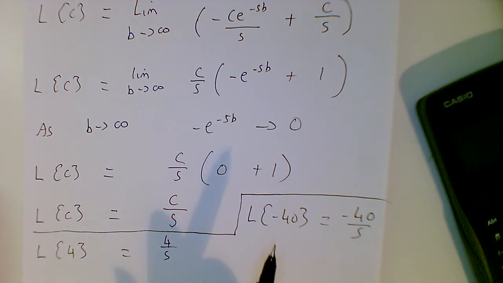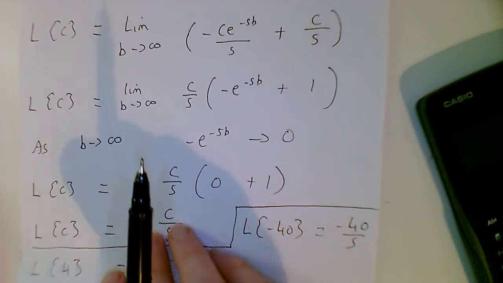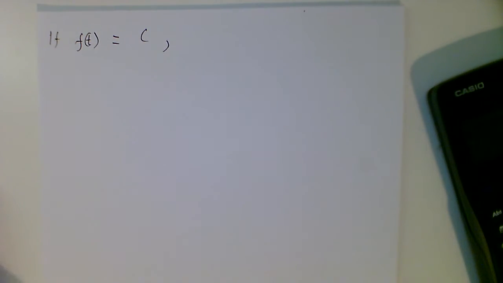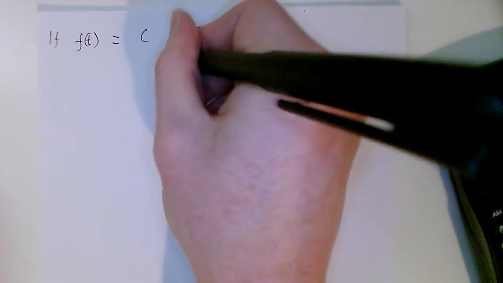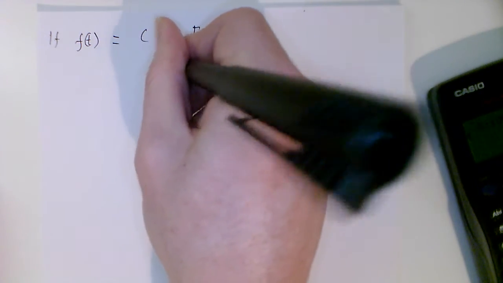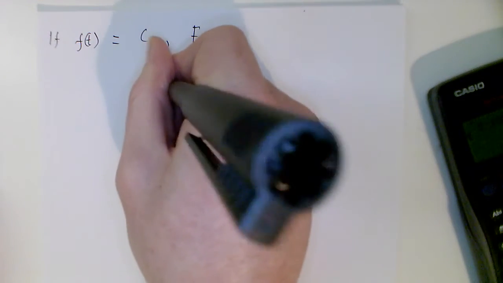Okay, so all I was proving is if you take the Laplace transform of a constant, it just gives you that constant over s, and s is our variable. Right, now the exact same thing can be done for all other terms, right? So what we say is now, if f of t equals c, which is a number, constant, then f of s, if it's a capital, that means it's the Laplace transform.